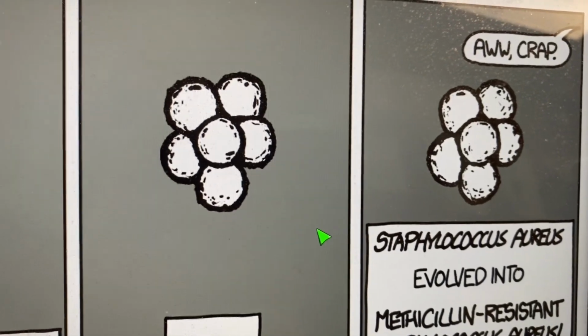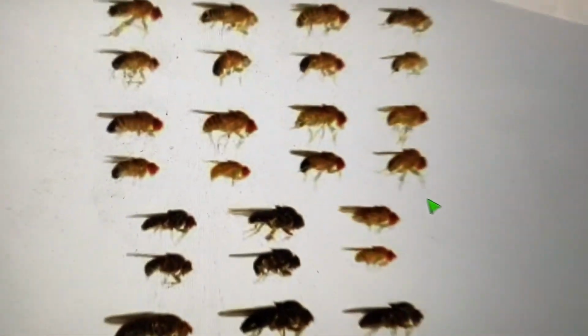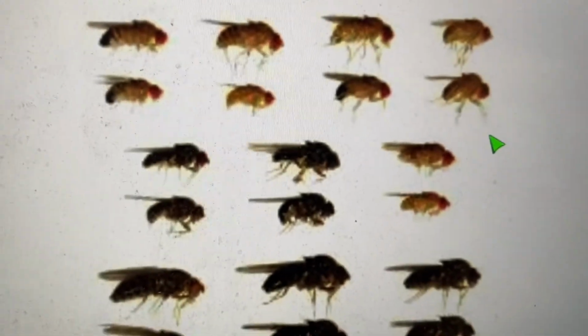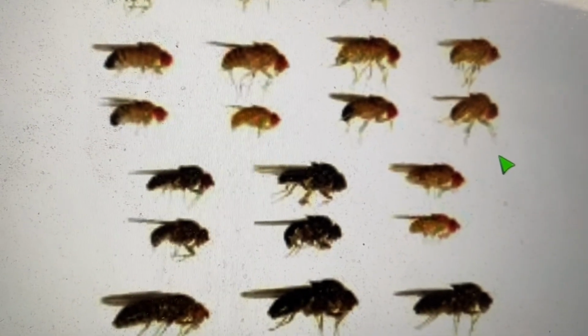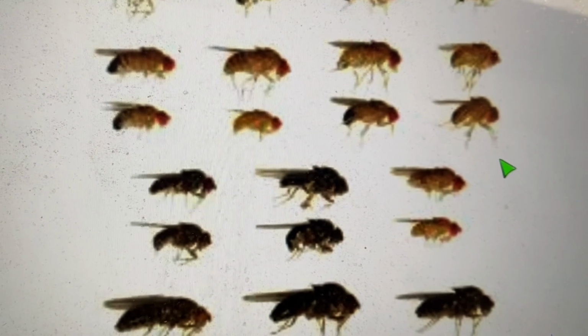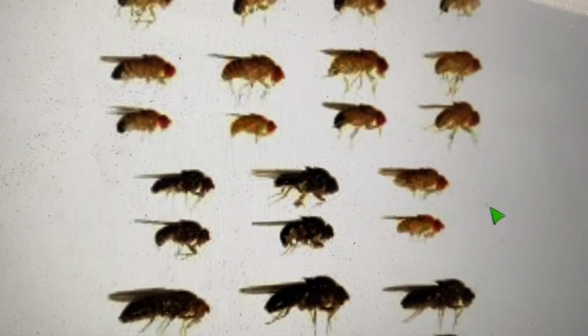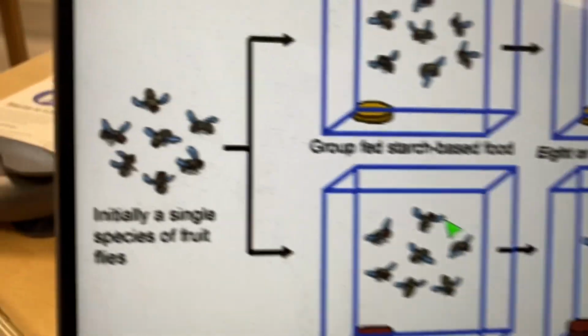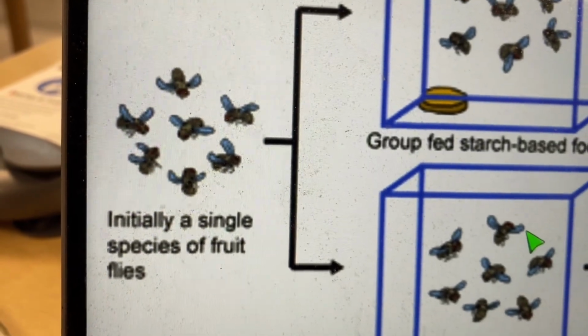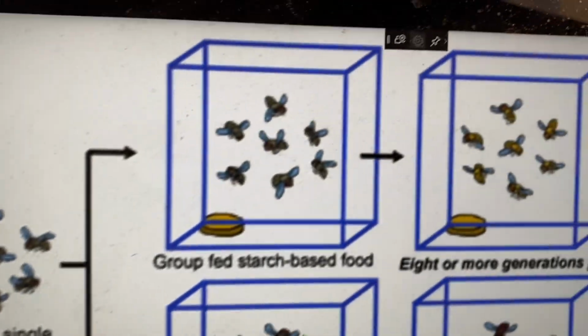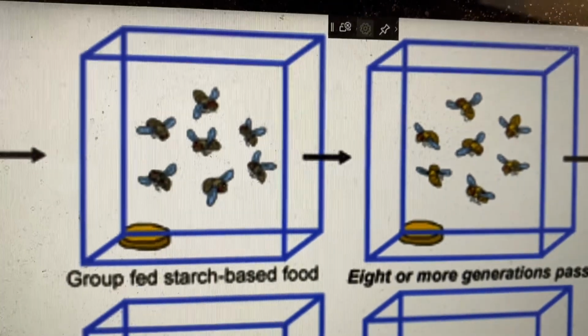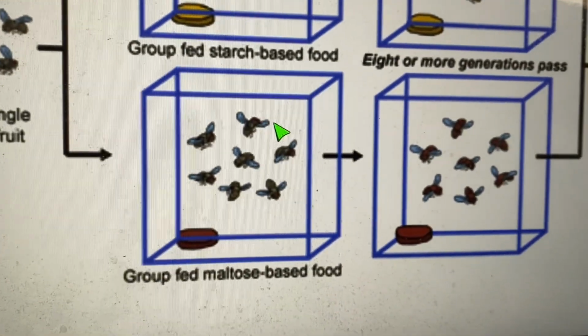And then my favorite example has to do with fruit flies. Fruit flies are the darlings of the genetic and evolutionary world because they reproduce so quickly. There was an experiment done with fruit flies where you took an original batch of fruit flies and split them up into two groups. You fed one group starch, and the other group just the sugar maltose.